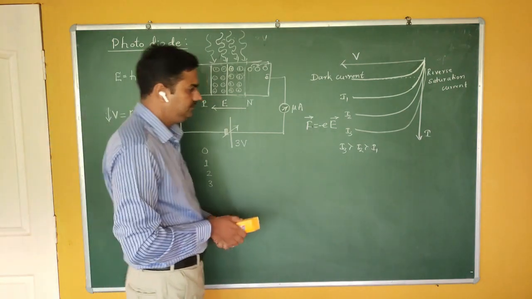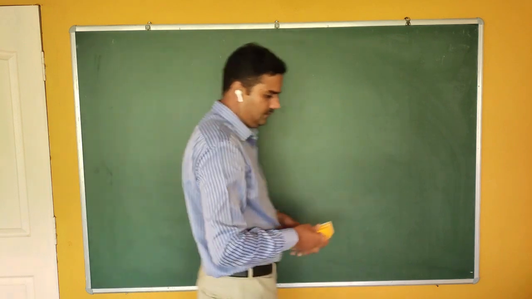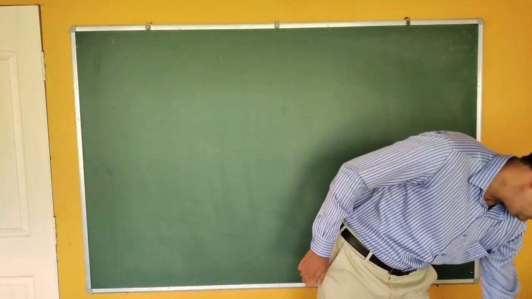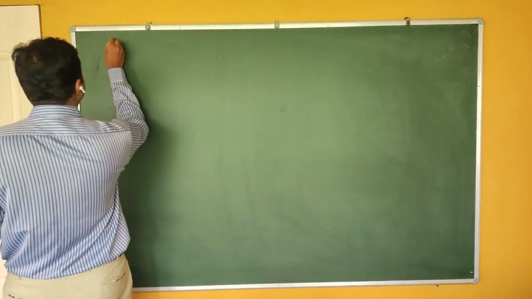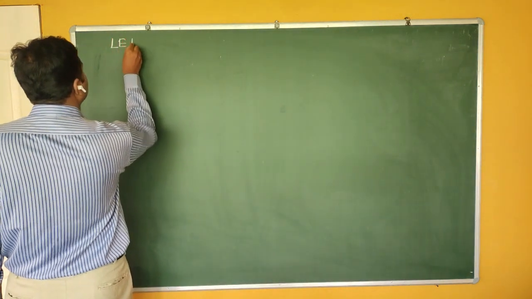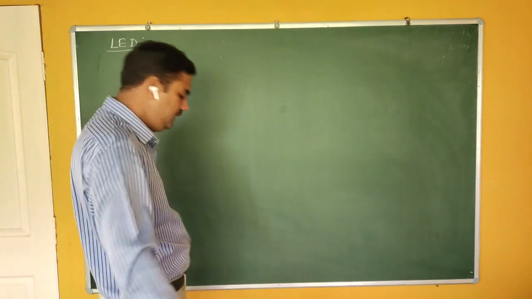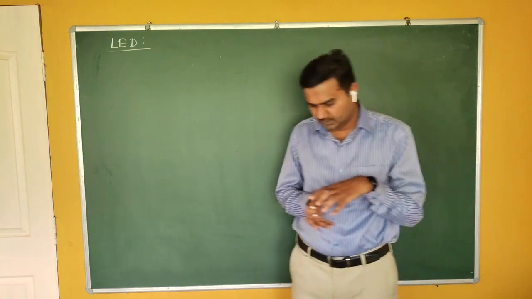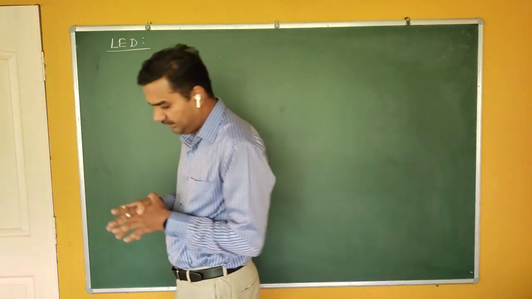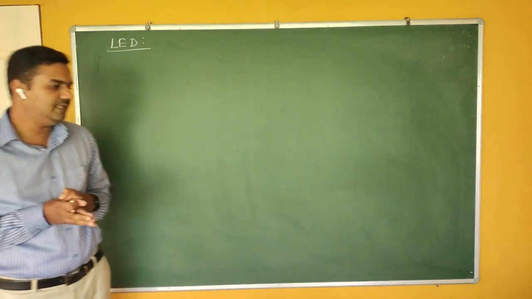Next we will go for light emitting diodes, LED. So what is LED? Light emitting diode. This time you are supplying electrical energy and you are getting some light, therefore it is called a light emitting diode.